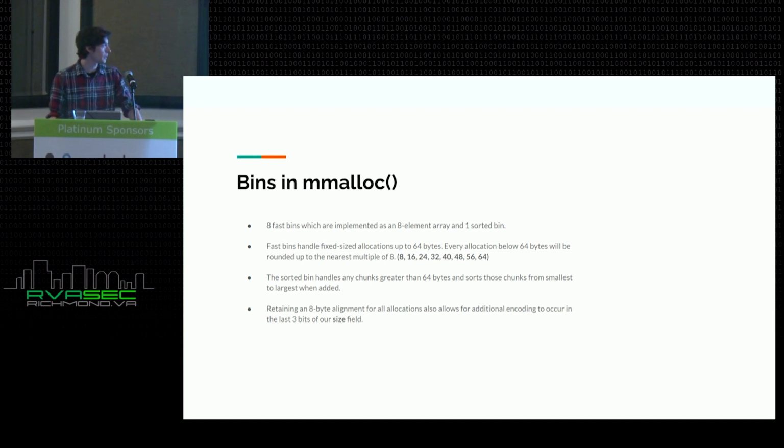It's also used by the glibc allocator to determine whether or not it's from a main arena or from a subsequent arena, or if it's been allocated through a malloc call versus an mmap call. But yeah, the idea is by leaving those bits unused, we can use them to encode additional information.